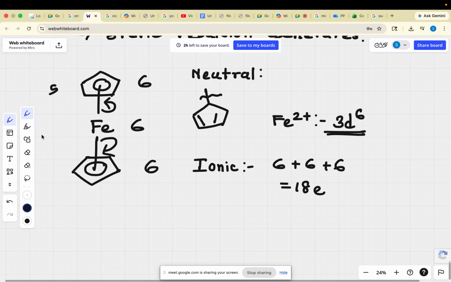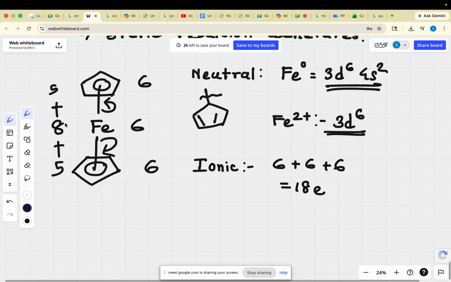So 5 electrons from this unit, 5 electrons from this unit, and iron is present in the 0 state. So iron 0 means 3d6 4s2. How many electrons do you have from the iron center? 8. So 5 plus 8 plus 5 is equal to 18 electrons.